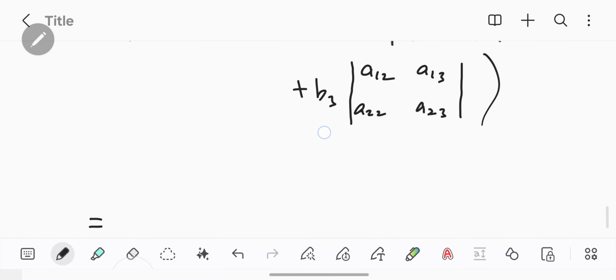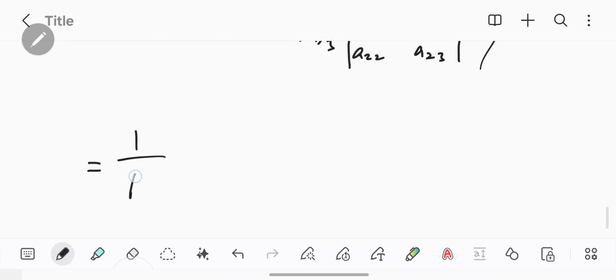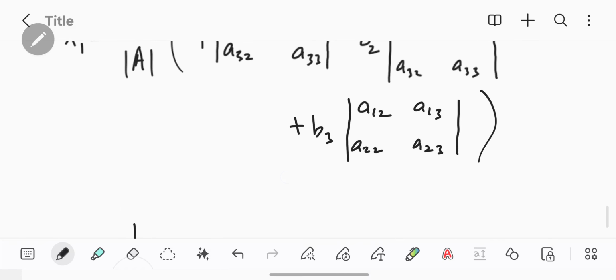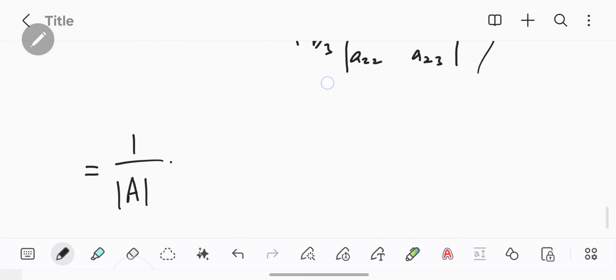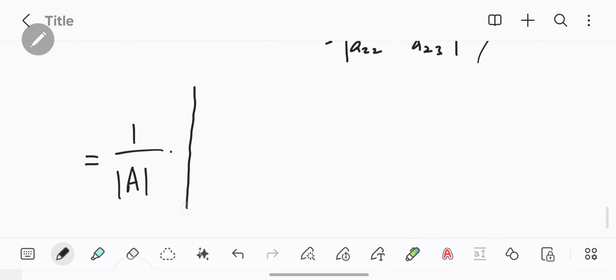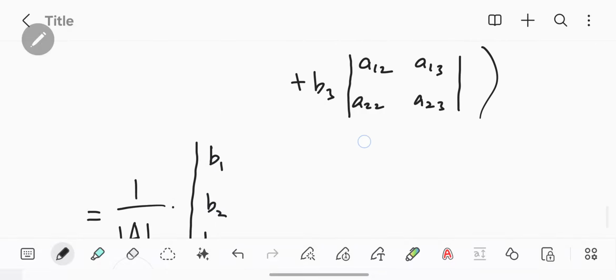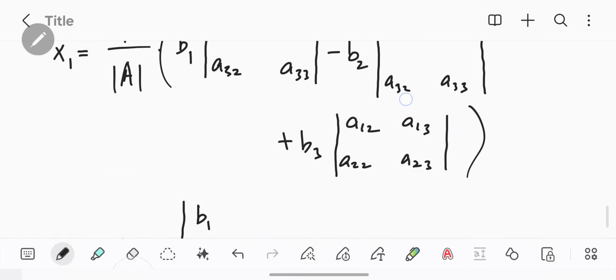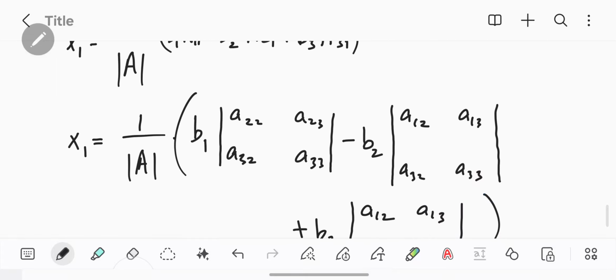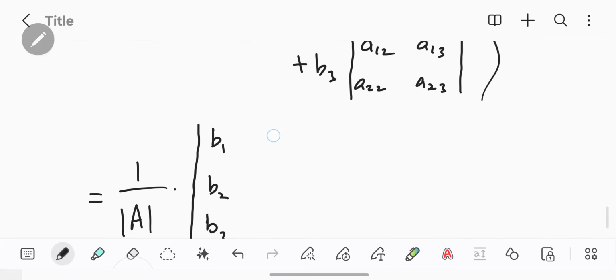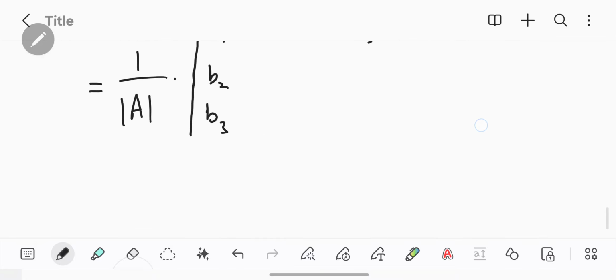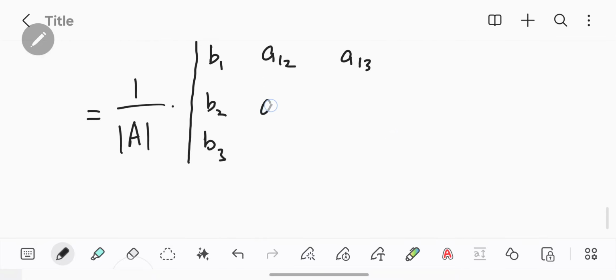This thing becomes very interesting. 1 over determinant of A, and this whole thing is the determinant of this matrix: B1, B2, B3, then A12, A13, A22, A23, A32, A33.